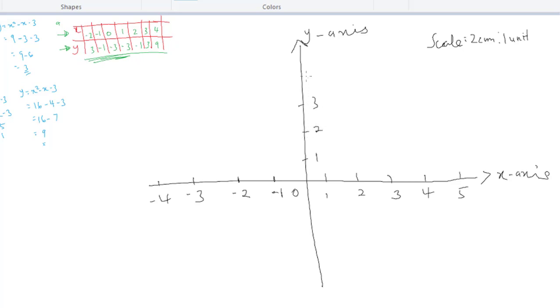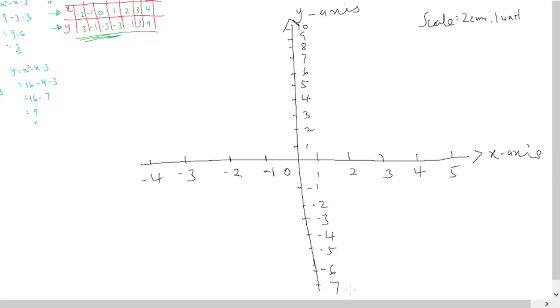Let me clear it. So on our axis, we have 1, 2, 3, 4, 5, 6, 7, 8, 9, 10. Then here is -1, -2, -3, -4, -5, -6, and -7. Can end on this one.